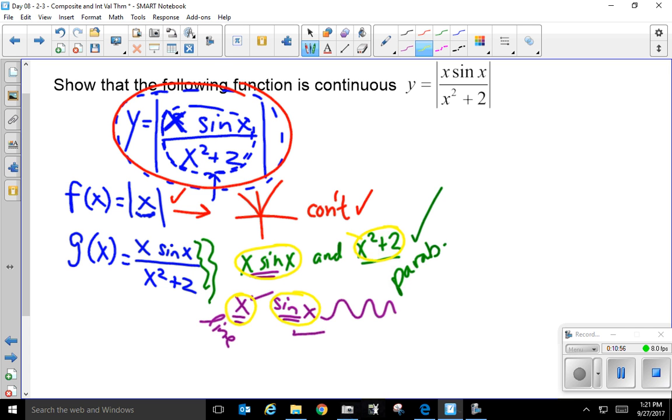So that means these two, when I divide them using the quotient property, that means this is continuous. Well, I know the absolute value of x is continuous because that's just a v. So if the absolute value of x is continuous and this whole quotient is continuous, then the composition of them is continuous.